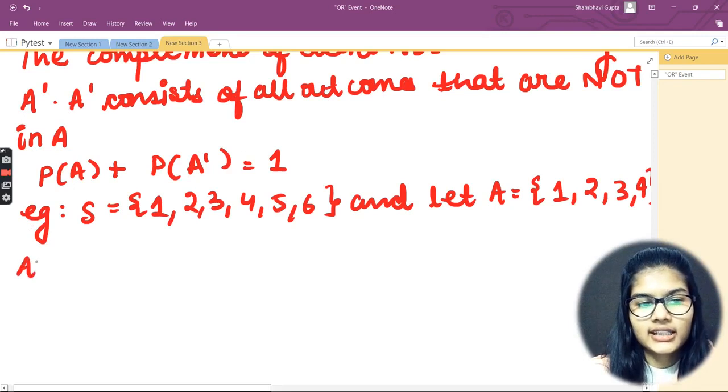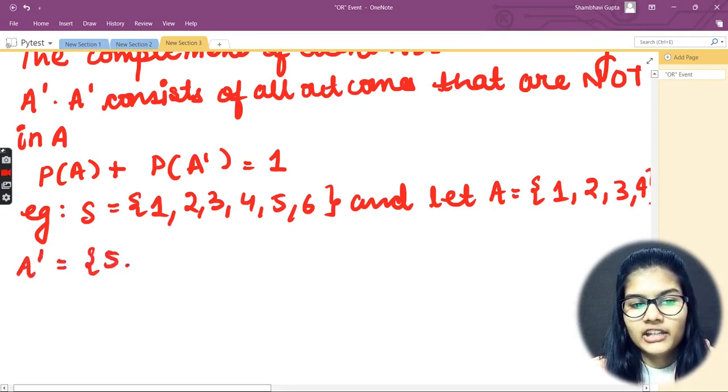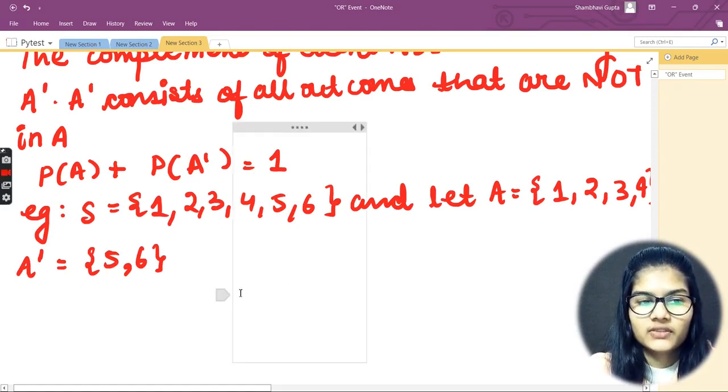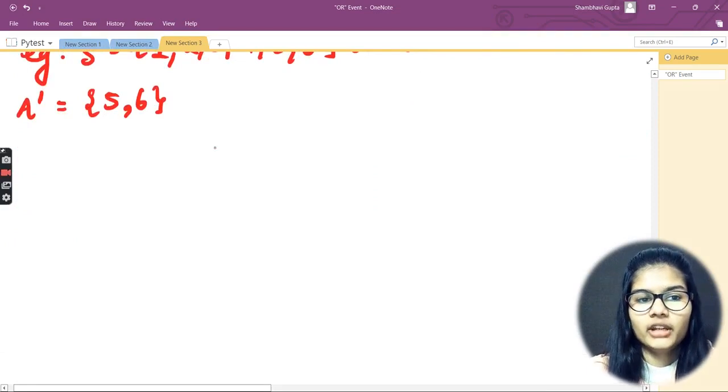Then in that case, A prime will be equal to 5, 6, because 5, 6 are the numbers not occurring in A. This 5, 6 will be my A prime, my complement of A.